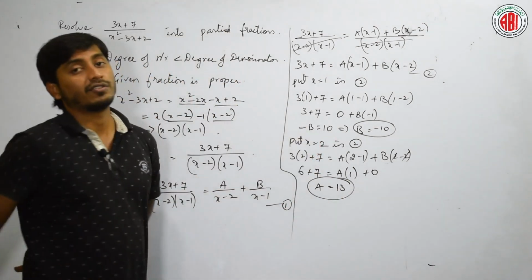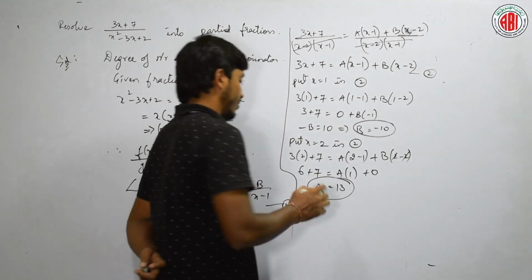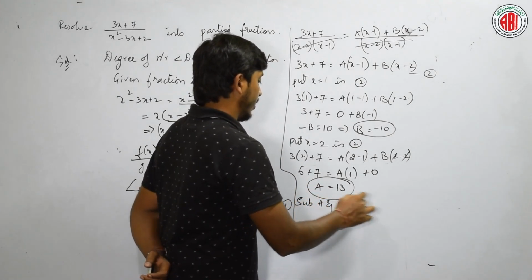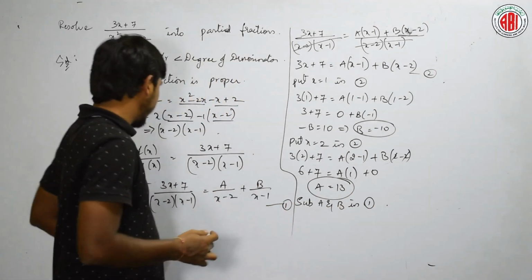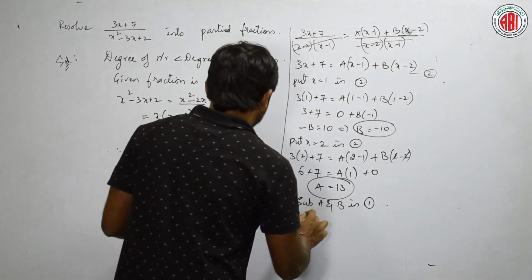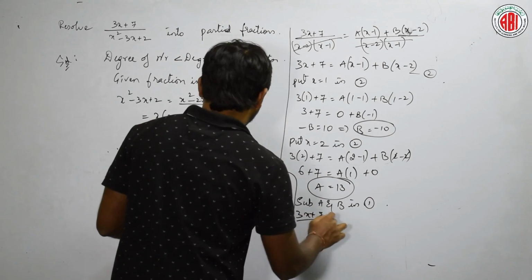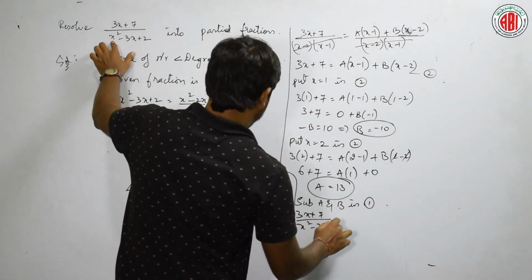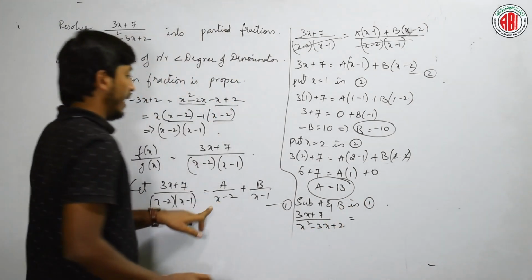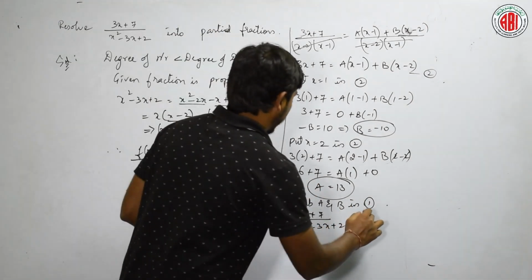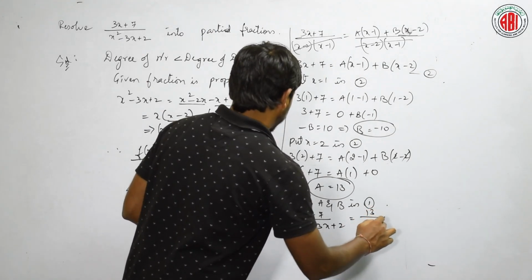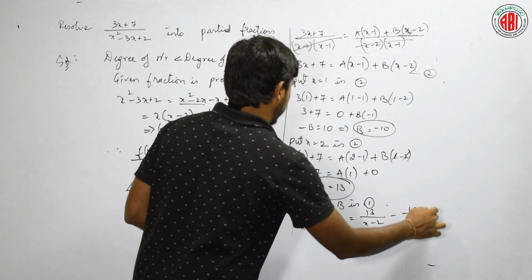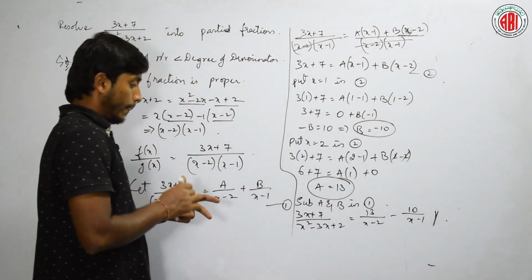Now, substitute the values of a and b in the first one. Therefore, the partial fractions I can write as (3x plus 7) by (x square minus 3x plus 2) is equal to a by this term. What is a? 13. 13 by (x minus 2). What is b? Minus 10 by (x minus 1). Is it not easy?